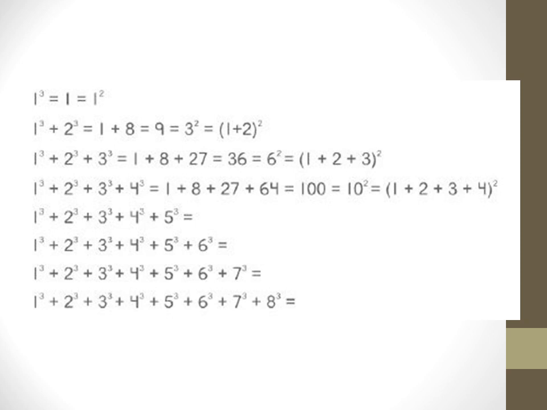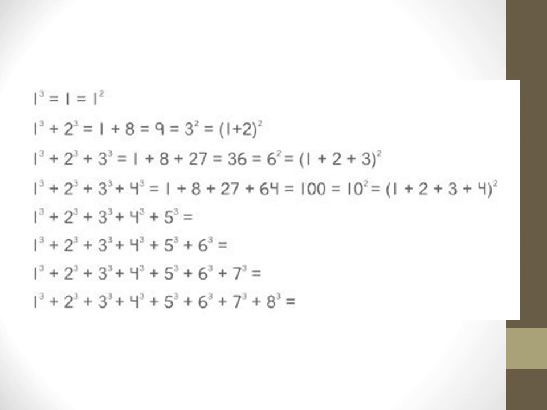That means the numbers whose cubes we are adding, if those numbers are added together and the number that we get is squared, that will be the same. In the next one also, see, 1 cube plus 2 cube plus 3 cube ultimately gives you 1 plus 2 plus 3 whole square.